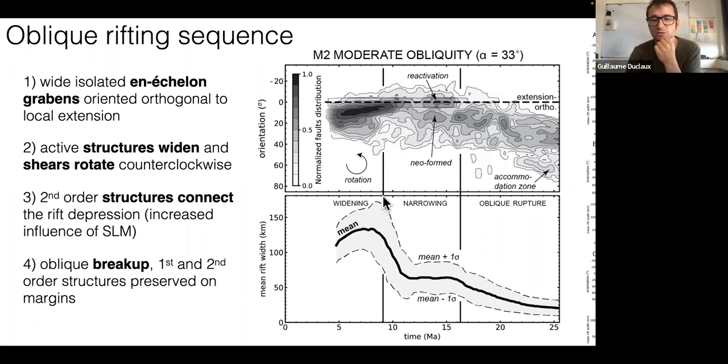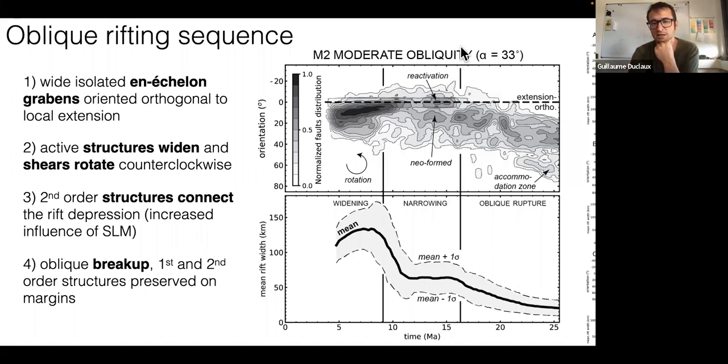You've got a narrowing of the active rift, so most of the deformation is now happening in the central part of the rift. It happens over like a 2 million year period. And you've got neoformed structures, which are still optimally oriented, and also reactivation of extension orthogonal structures, and probably neoformed extension orthogonal structures also.